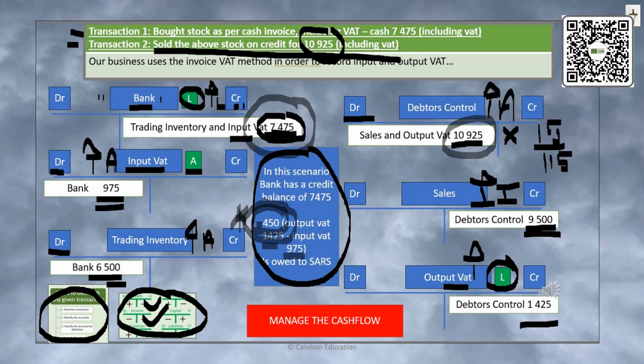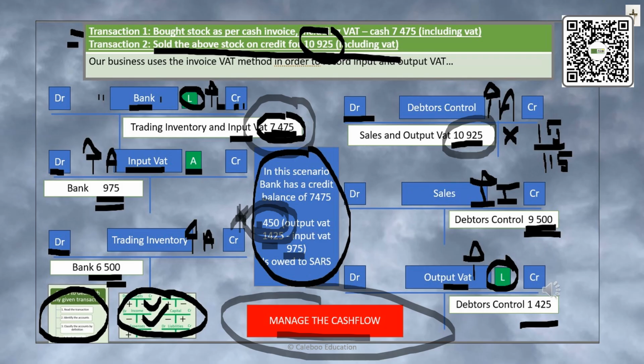Now this is just a tiny example of how the invoice basis method can have a negative effect on the cash flow, and you're not going to be able to make payments. So watch out for this. Hopefully I just demonstrated this cash flow problem in a simple way so you understand it a little bit better.